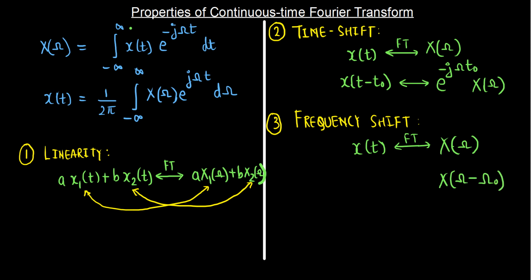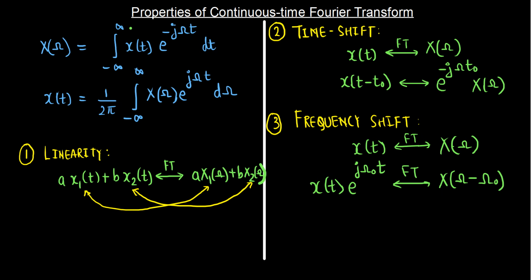That means if we have shifted the Fourier transform itself by an amount of omega naught, then the corresponding change in the time domain would be x of t times e power j omega naught t. So this would be the inverse Fourier transform.